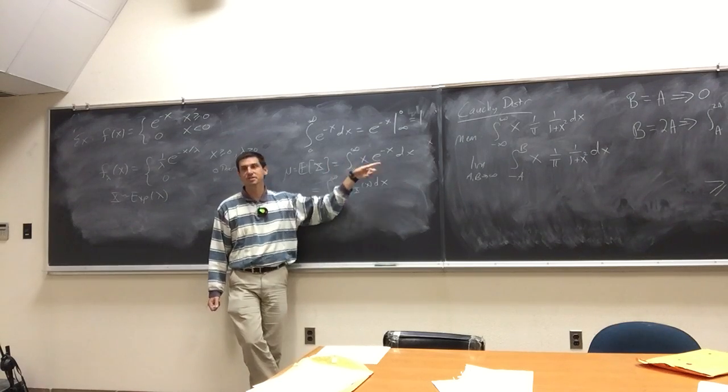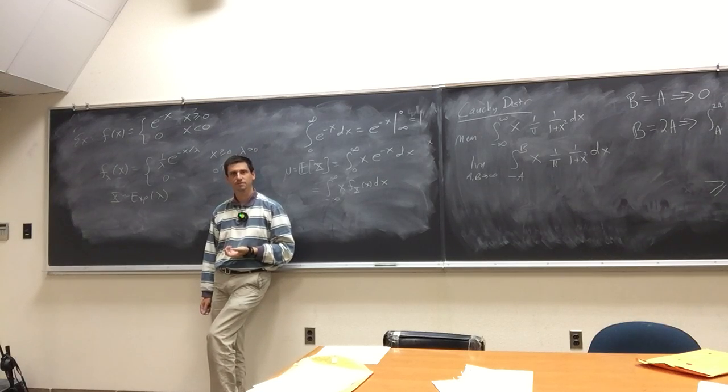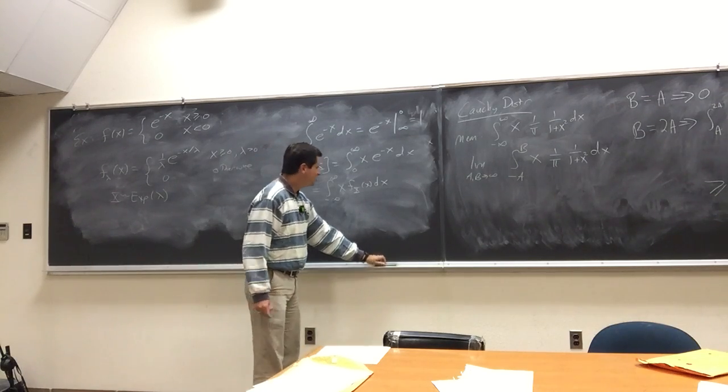So I have to evaluate this integral. Any thoughts as to how to evaluate this integral? Calc 2, right? How would we evaluate this integral? Do you look by parts like you usually do? Yeah, you would do it by parts.